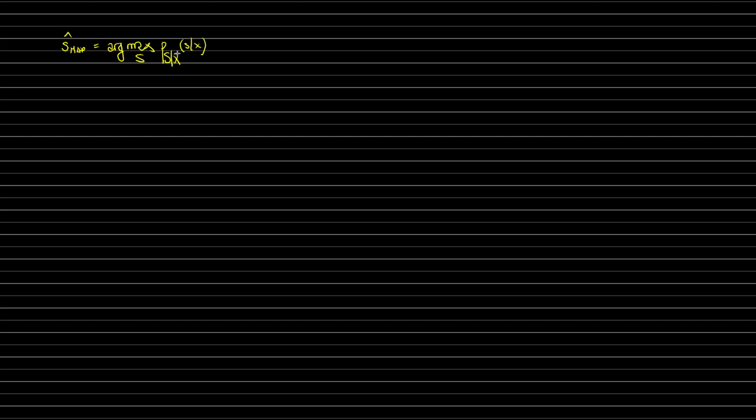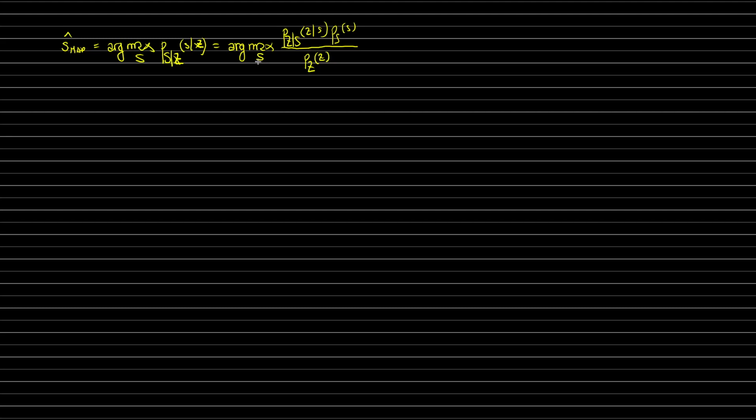If we have a collection of observations, we would have the vector x here, and we can apply the Bayes rule, so that this is equivalent to maximizing with respect to S P of x given S times P_S of S divided by P of x in the denominator.